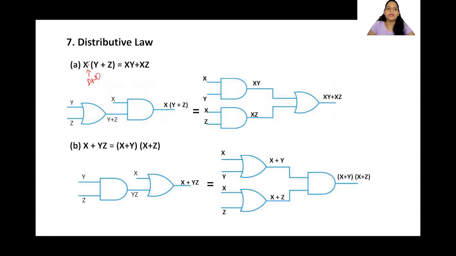So we are doing x AND with y OR z, which is nothing but xy OR xz. This is what this distributive law is saying. Similarly, it is saying x OR with y AND z is nothing but (x OR y) AND (x OR z).